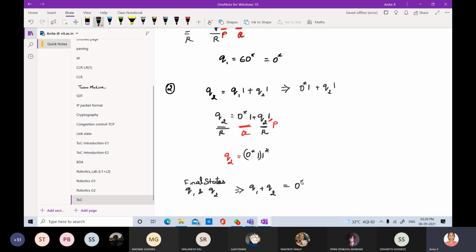Q1 is nothing but 0 star, plus Q2 is nothing but 0 star 1 1 star. Right? So here I can rewrite it as 0 star epsilon plus 1 star.